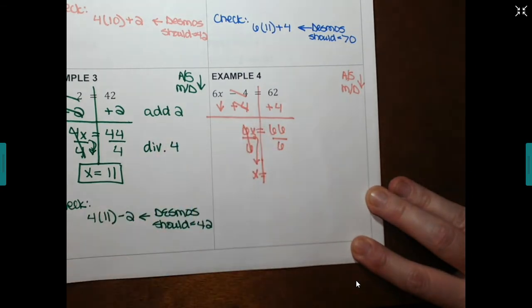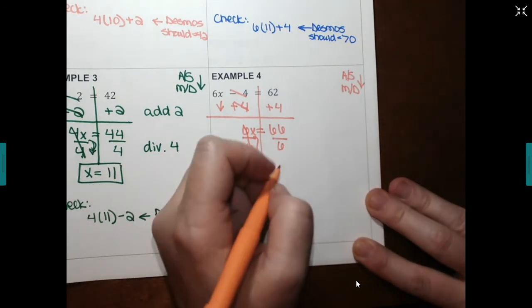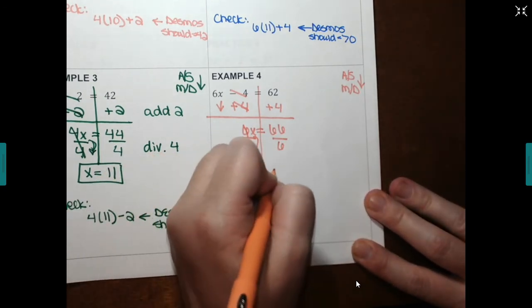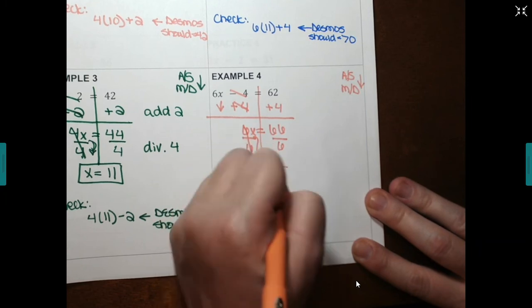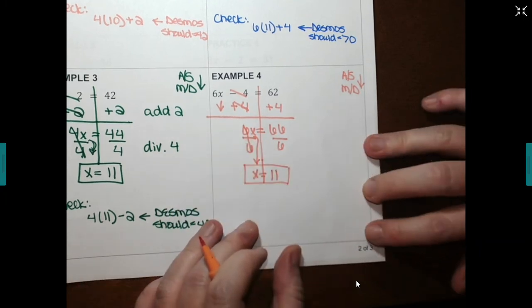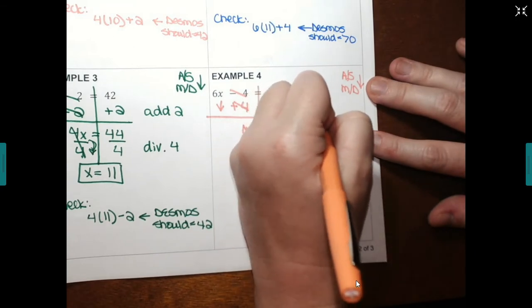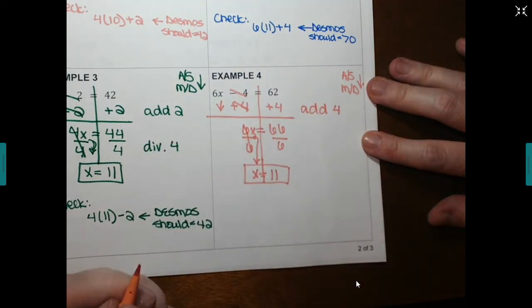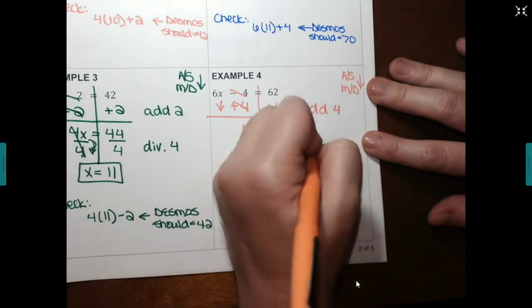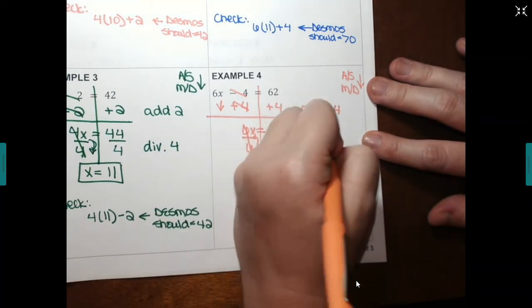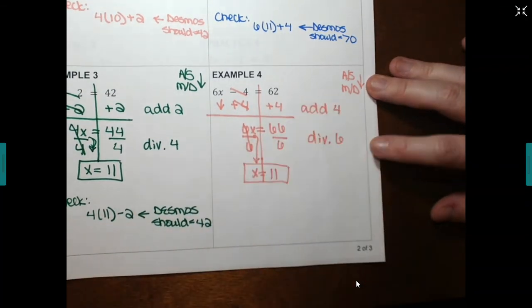Ooh, forgot to write my 6 there. 66 divided by 6, wonderful opportunity for Desmos in your life, or you could just say it is 11 because Miss McNabb told you so. Hey. So on this one, my first step was I added 4 to both sides. And my second step was I divided both sides by 6.